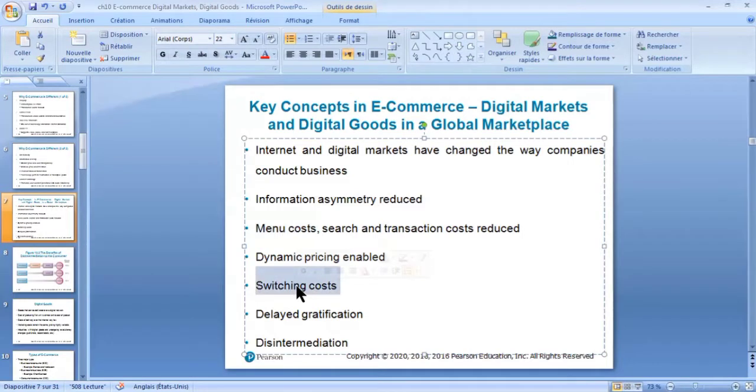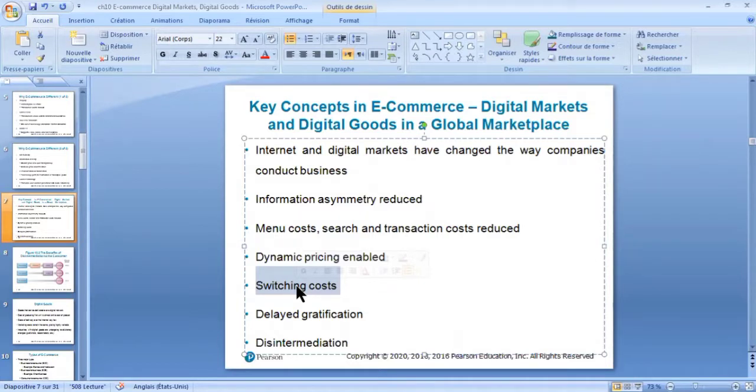The digital markets also may reduce, sometimes they may also increase the switching costs. Okay. What do switching costs mean? Switching costs are the costs that you need to pay when you switch, when you shift or when you migrate to a new supplier. Okay. So when you migrate to a new supplier or a new product, you need to pay some costs, financial costs, but there may also be psychological costs.